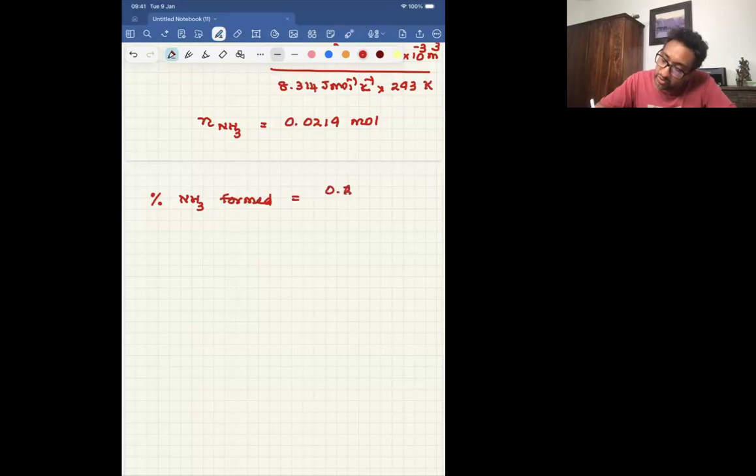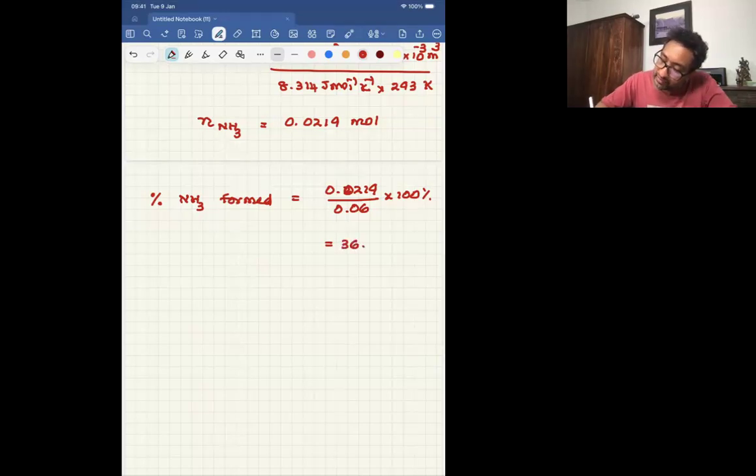0.0219 out of 0.06 multiplied by 100%. 0.0219 divided by 0.06 multiplied by 100%. I get 36.5%.